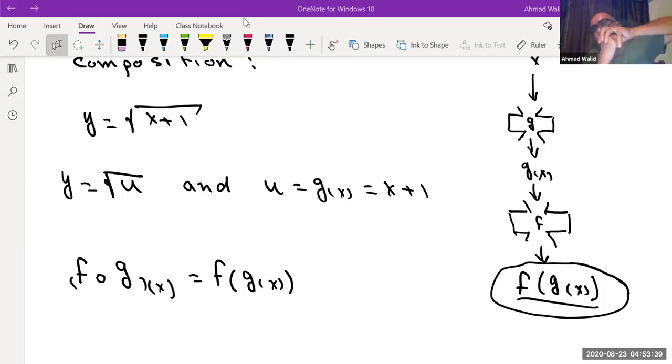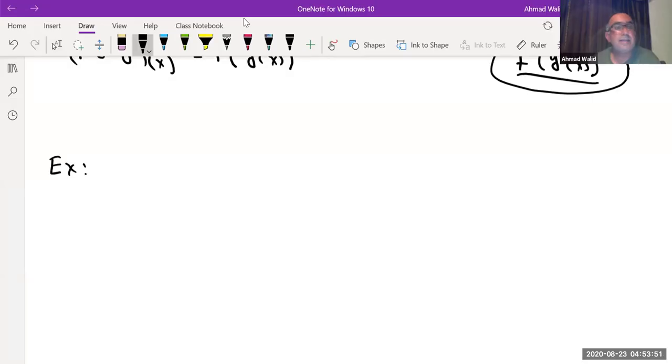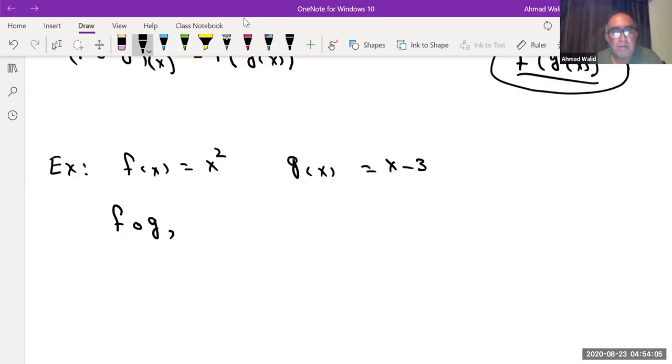Correct? Now I'll show it in an example for you. Example. F of x equals x squared and g of x equals x minus 3. Find f of g of x and also find g of f of x.